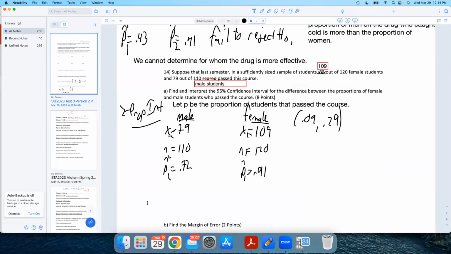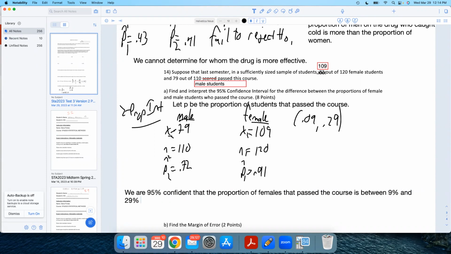So our conclusion here is we are 95% confident the proportion of females that pass the course, their success rate is between, don't forget the word between, 9% and 29% higher than the proportion for men.